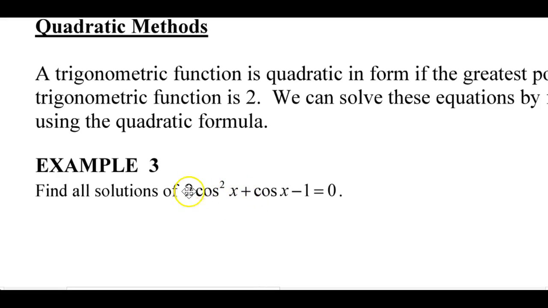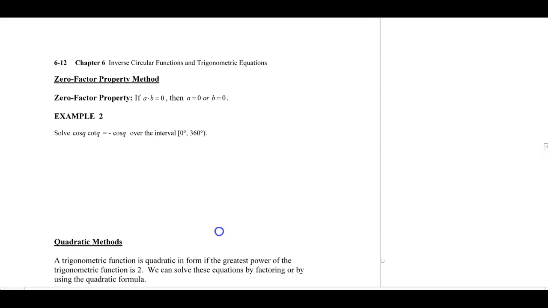So this would be considered quadratic in form, and when there isn't a square, it is considered to be linear in form, like the one we were doing here.